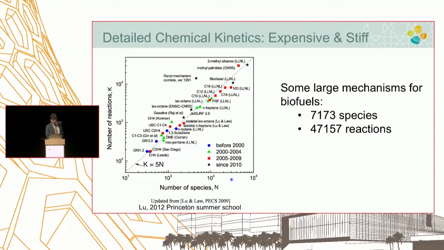This is already an almost decade-old diagram. There must be a few more, including some of the largest mechanisms that I got from Mani. Probably he has a bigger one now. There seems to be, for some reason, approximately a linear relation between the number of reactions and the number of species, about a factor of 5. So with a larger number of species, you have a larger number of reactions.